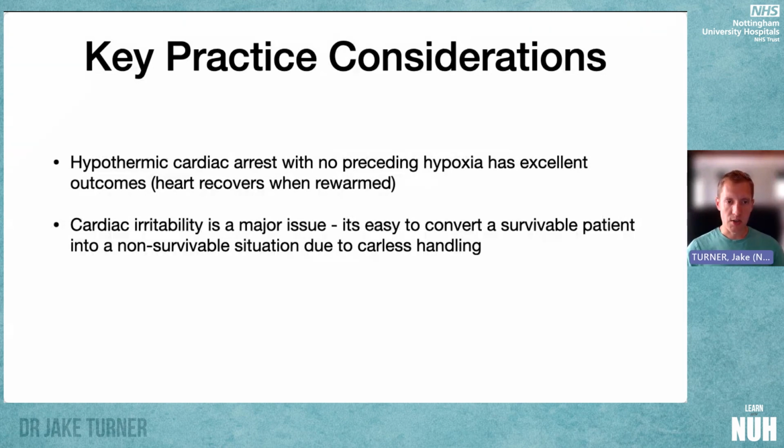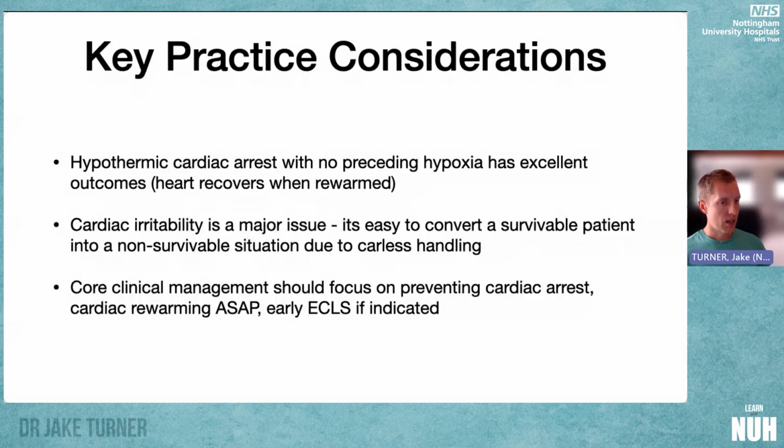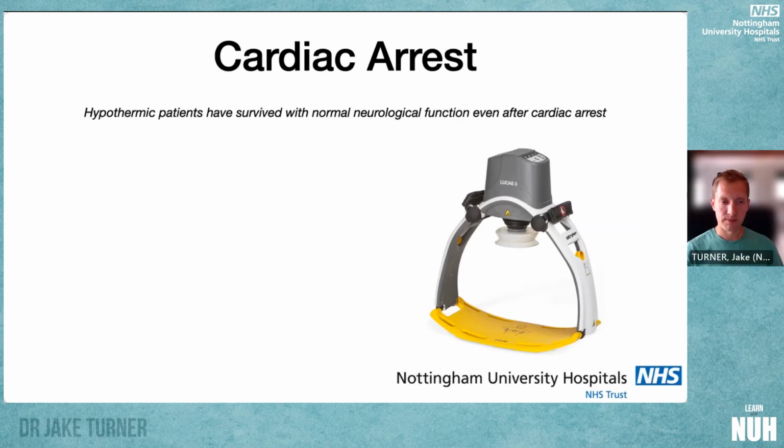As healthcare providers, we can convert survivable patients into non-survivors by careless handling if they're 28 degrees or lower. Core clinical management needs to focus on preventing cardiac arrest, so careful handling of the patient and thinking about the myocardium, rewarming the heart effectively as soon as possible, and considering ECMO early.